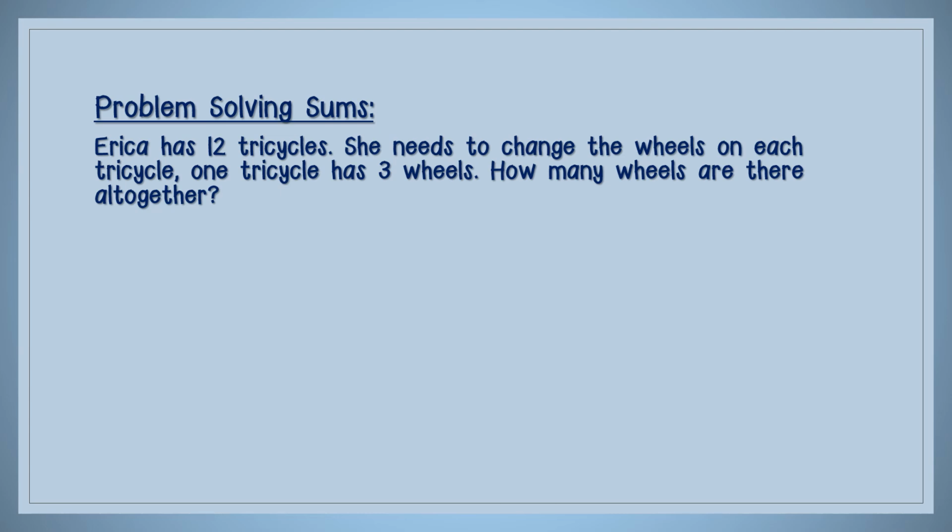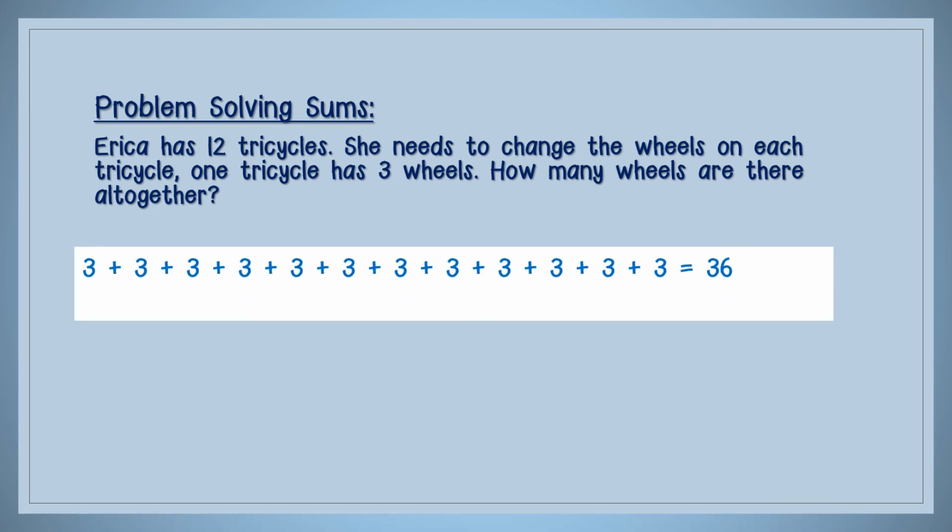So because one tricycle has 3 wheels, we want to know now how many wheels 12 tricycles have. So we are going to do our first step by adding 3, 12 times. And when we add 3 plus 3 plus 3 plus 3, 12 times, we will get the answer 36. Now we need to write a number sentence for our problem solving sum.